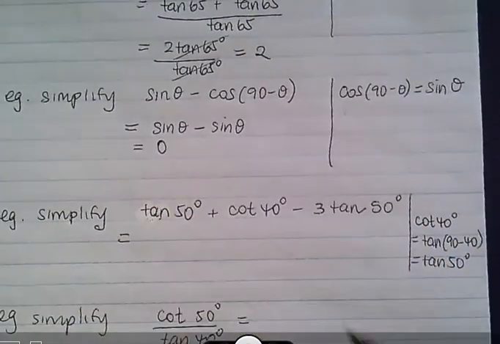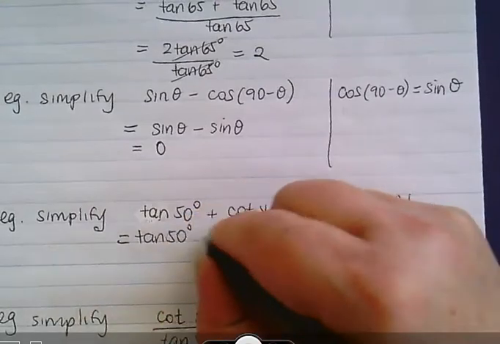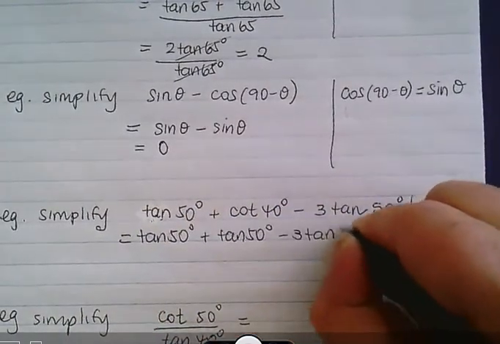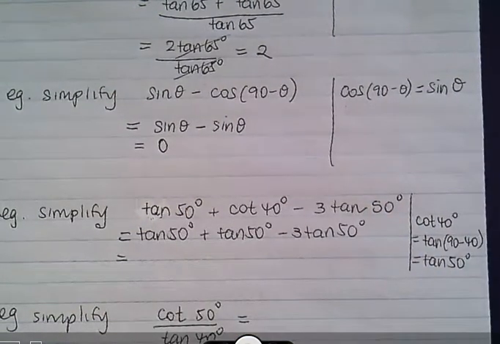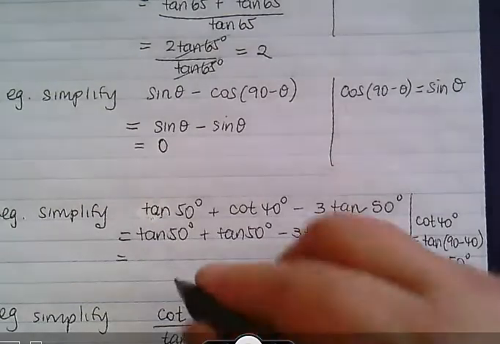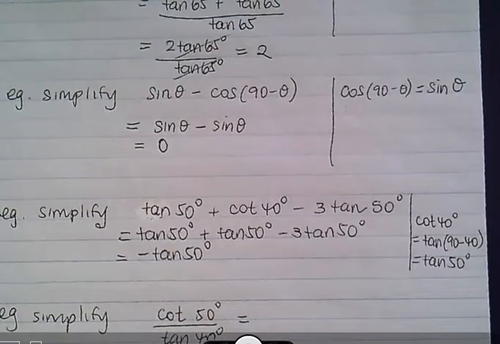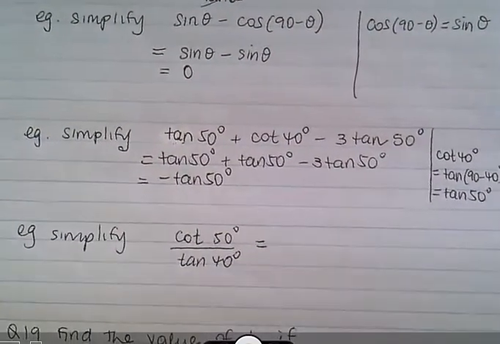So tan 50 plus cot 40 minus 3 tan 50 is just tan 50 plus tan 50 minus 3 times tan 50 degrees. So what's that? Yeah, it's 2 tan 50 minus 3 tan 50, which is negative tan 50. Okay? So these are fairly easy examples. We'll do some harder ones next lesson.